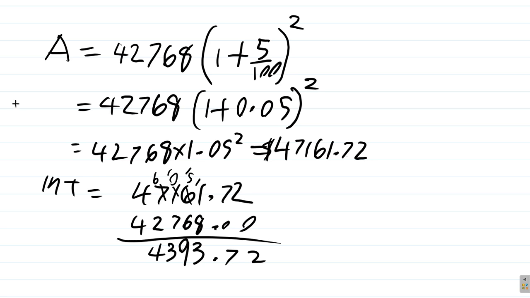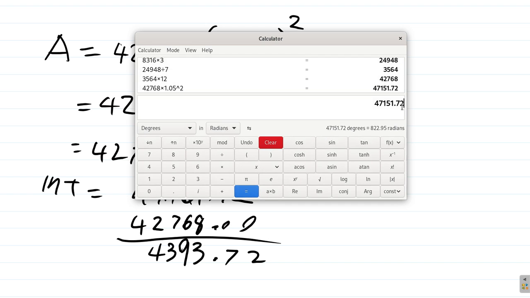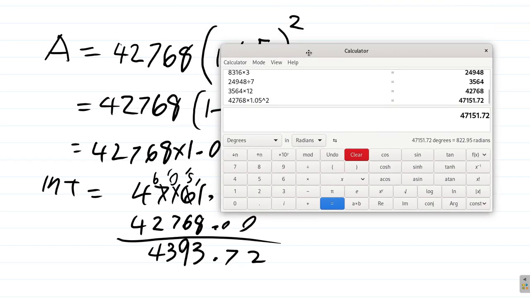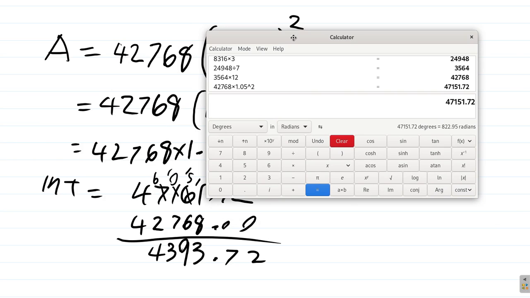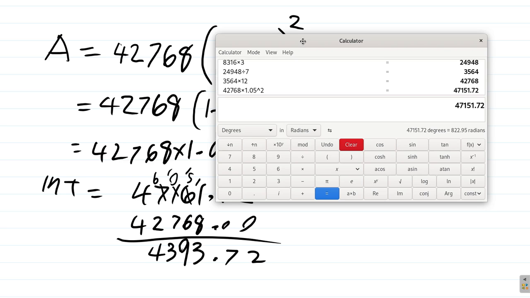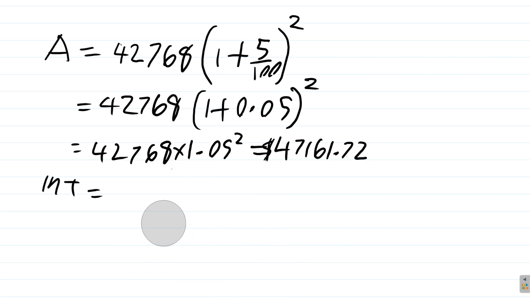All right, let's just check it with our calculator here. Could have just used a calculator from the start. I made a mistake of writing. How come I make that mistake?